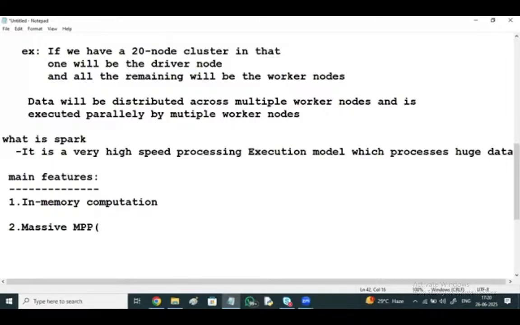MPP is nothing but massive parallel processing.